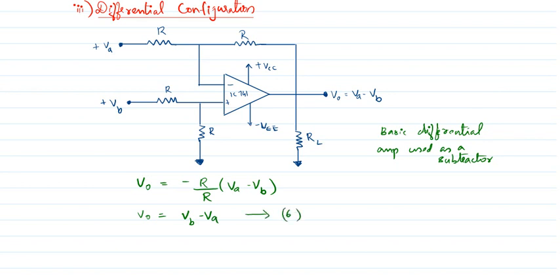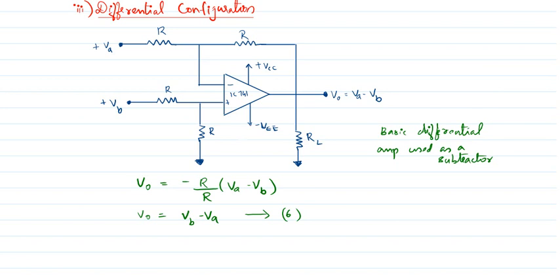The output voltage V0 is equal to the voltage VB applied to the non-inverting terminal minus the voltage VA applied to the inverting terminal. Hence the circuit is called a subtractor.